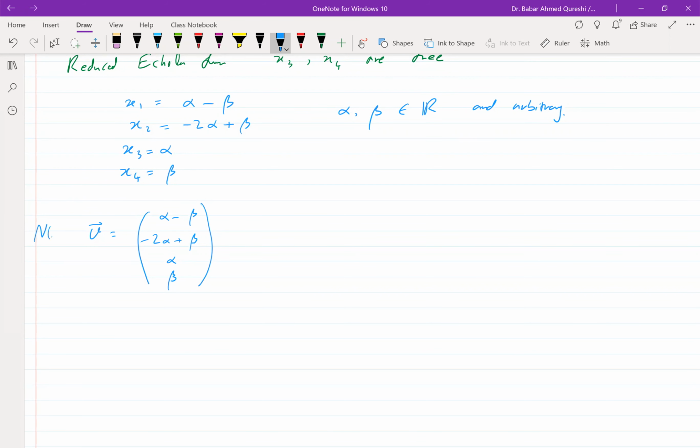The null space, with alpha and beta completely arbitrary, is a subset of R4.